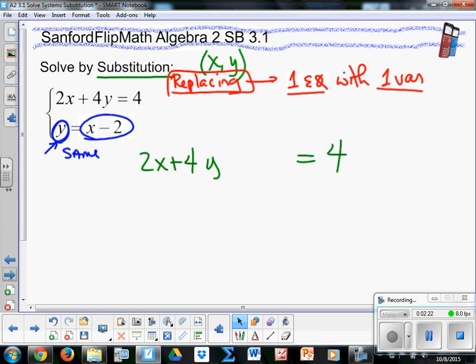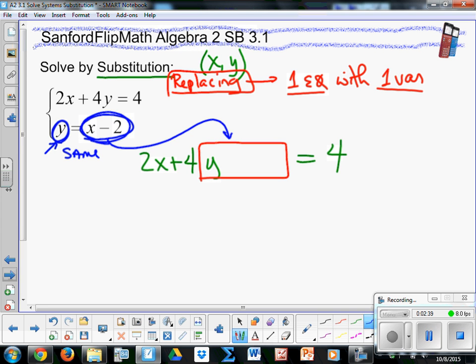I specifically wrote it with a lot of space because I'm not going to write the variable y here. I'm going to write something that's the same as y and make a replacement. Originally this 4 was multiplying all of y, so now I want to multiply all of y, which is really x minus 2.